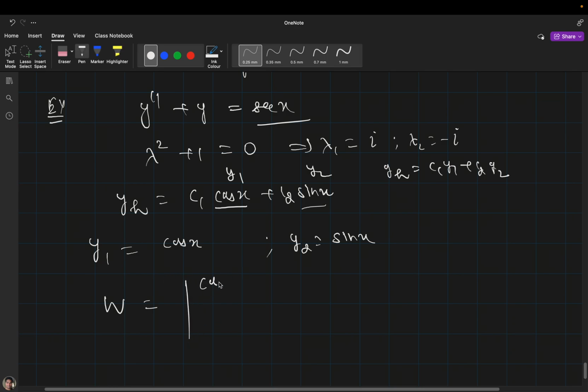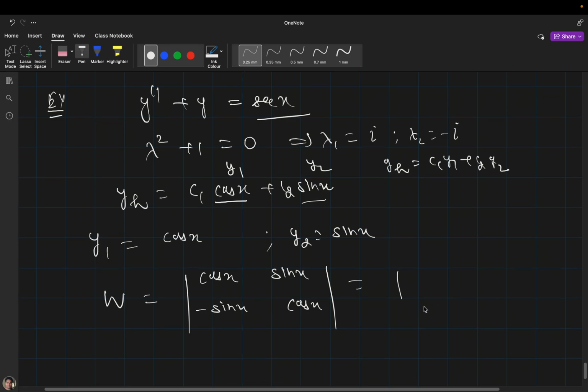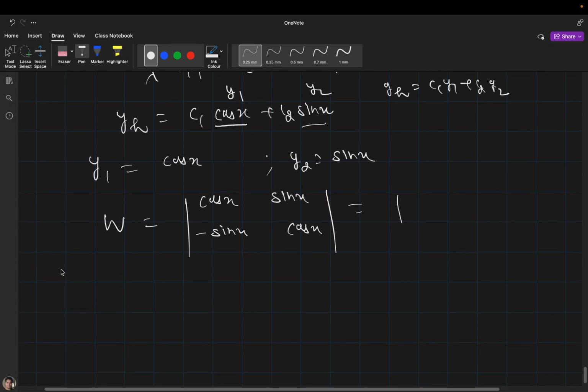So first I will get the Wronskian. The Wronskian is the determinant with the first row y1, y2, that is cos x, sin x, and the second row the derivatives, that is minus sin x, cos x. When you solve this determinant you will get 1. So what will be the particular solution?